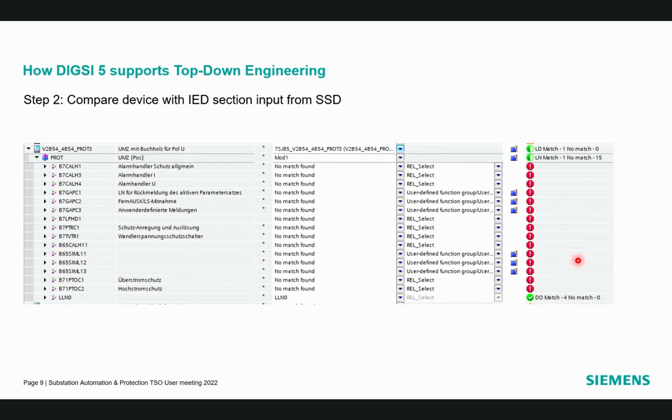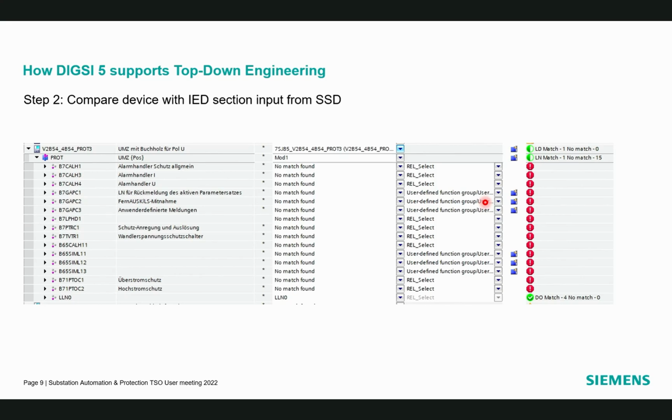So on the first step we could here create user-defined function groups. For example, GGIO or everything starting with S is functionality we usually create in a CFC that is user-defined. We distinguish here between the user-defined and the implemented functionality.